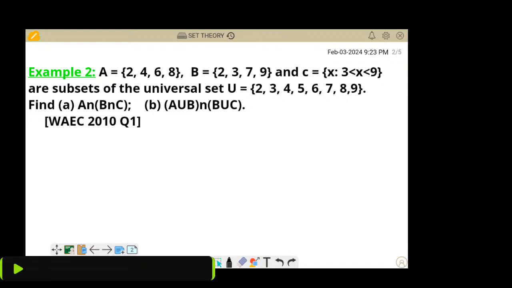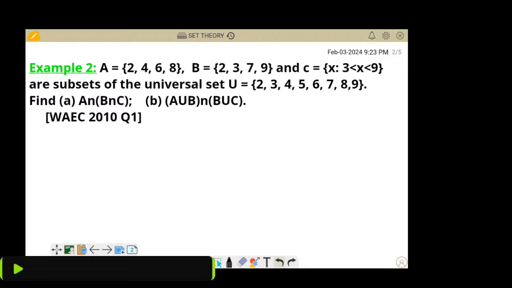So the question here is we have to find A intersection B intersection C. That is part A. And part B asks us to find A union B intersection B union C. Let's quickly bring that out.